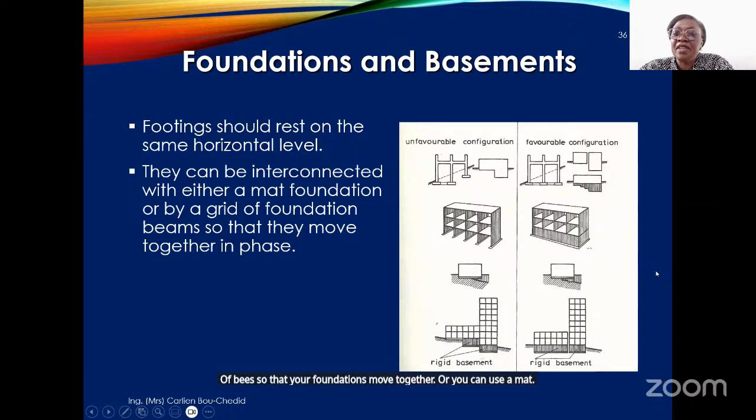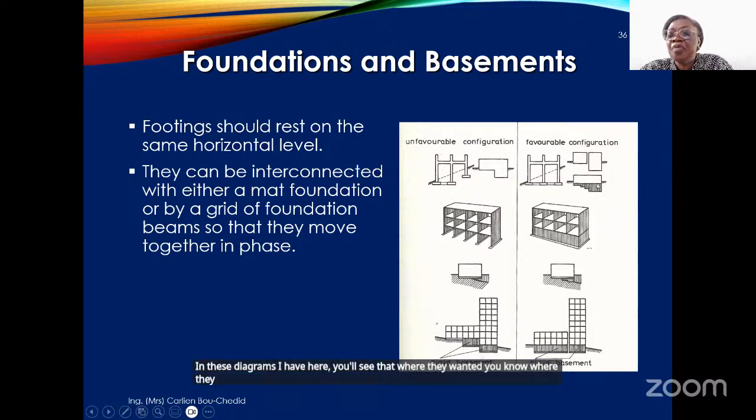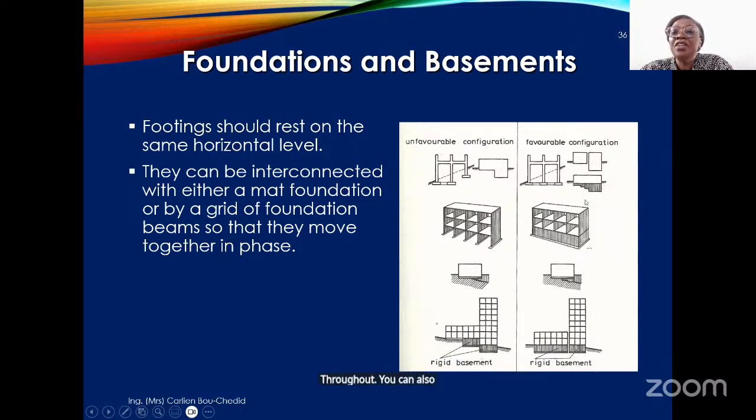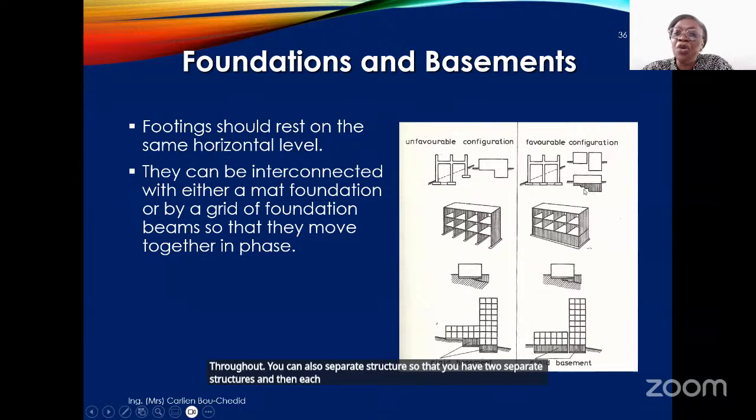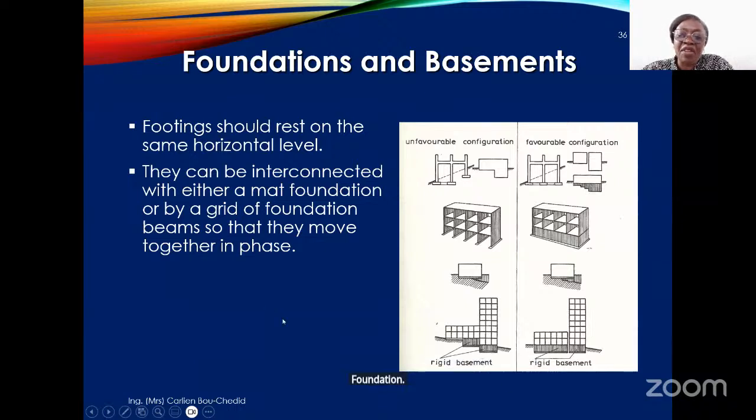In these diagrams I have here, you see that where they had a slope, they provided a rigid base throughout. You can also separate the structures so that you have two separate structures, and then each one can be on its own foundation.